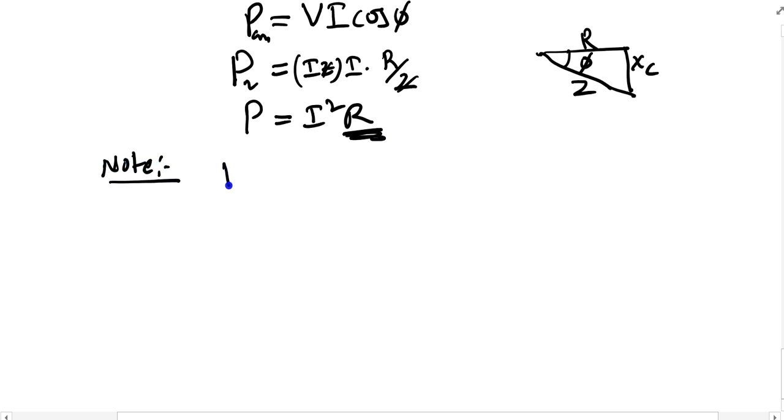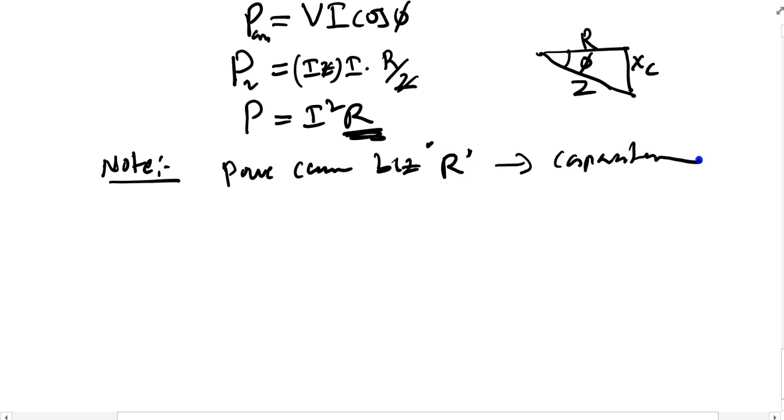So this is the power consumption because of the resistance, and there is no power consumption by your capacitor, because for the capacitor, in the first quarter of the cycle it takes the energy and in the next quarter cycle it supplies the energy.